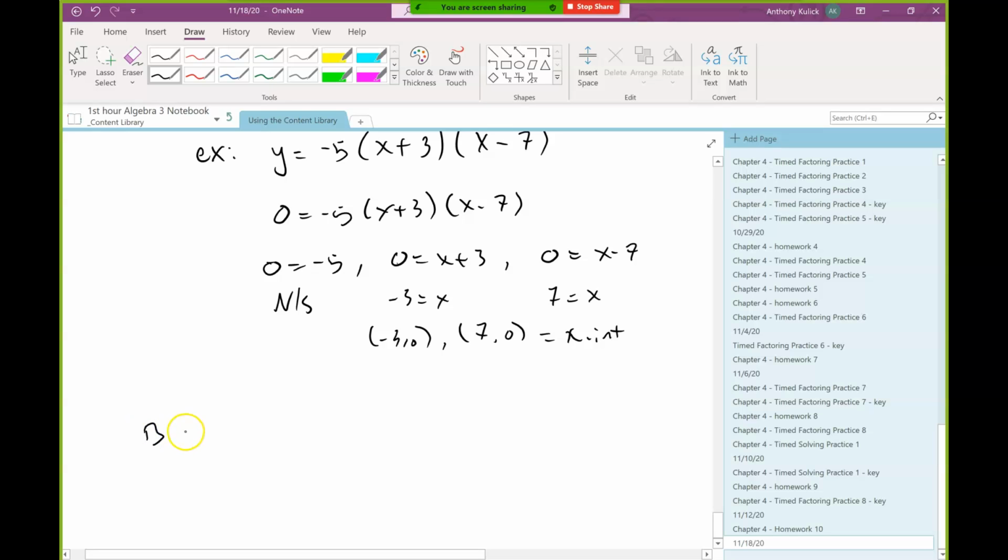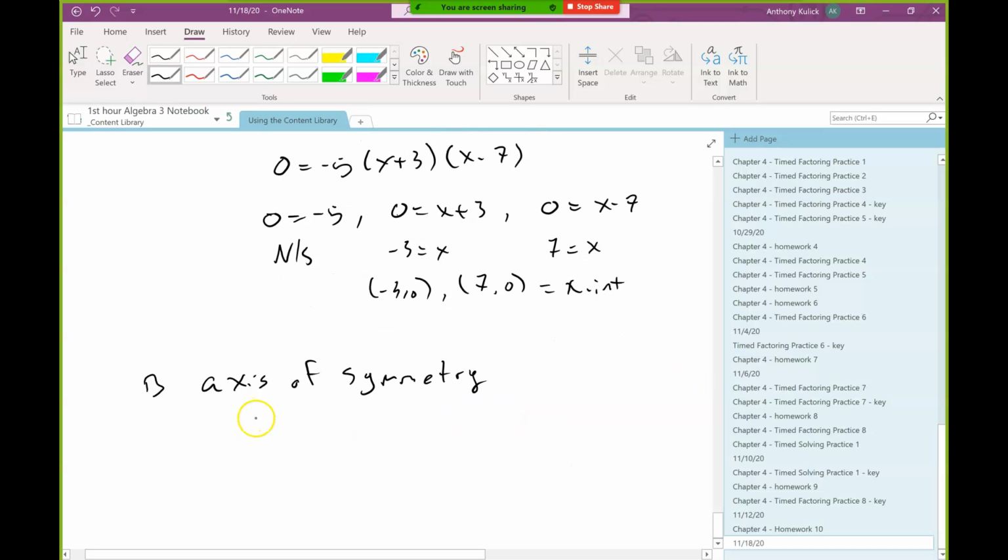The next one is the axis of symmetry. And here we're going to apply a formula, and the formula is different for each form.